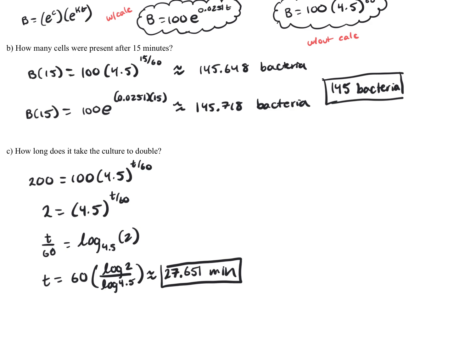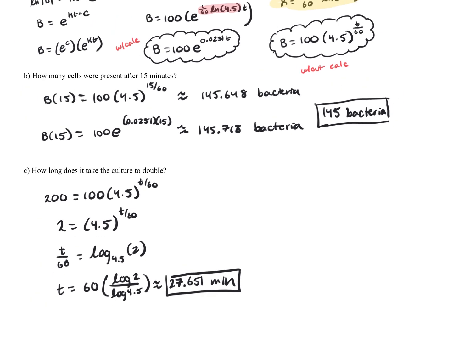And if we were using our other form, so 200 equals 100 times e to the power of 0.0251 t. Again, we'll still want to rewrite this in logarithmic form, so 0.0251 t, left out a 1 here, equals the natural log of 2.